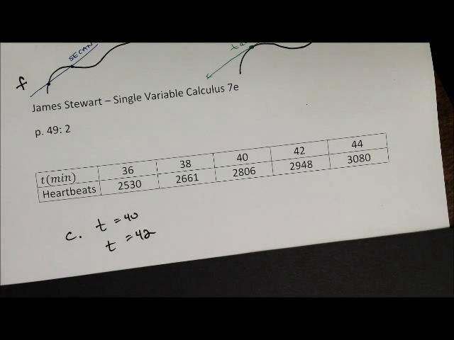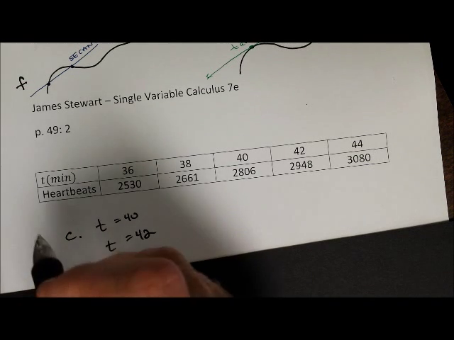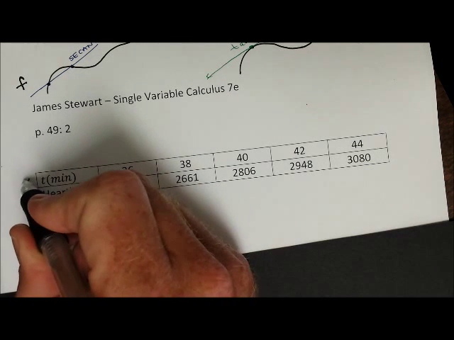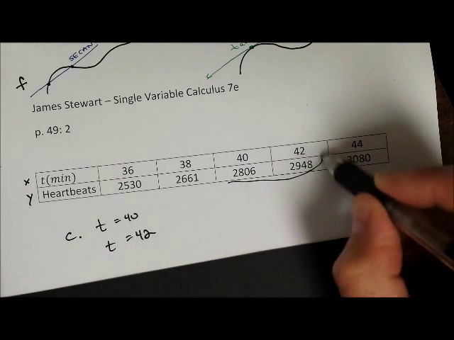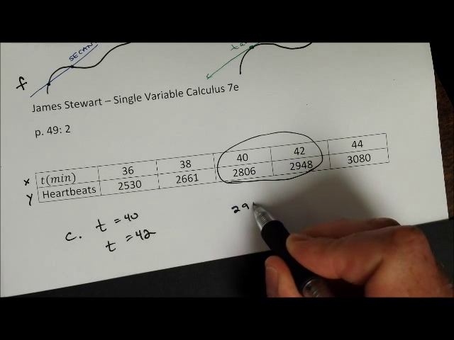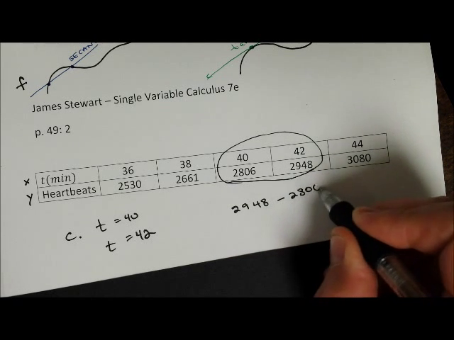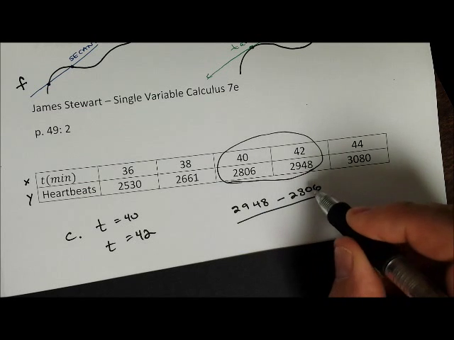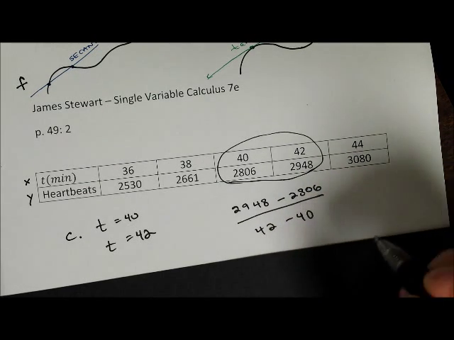We know the slope is the change in y over the change in x. In this table here, it doesn't have x and y, but it does have time, which is usually x, and y for heartbeats. So between these 2 points right here, I'm going to take the change in y, which is 2948 minus 2806, over the change in x, which is 42 minus 40.